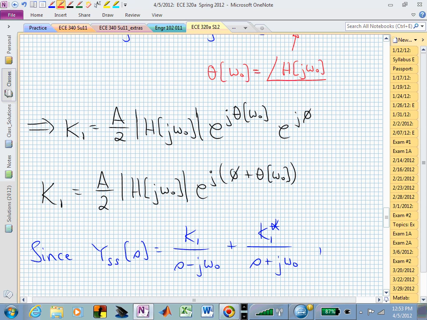How do I find the time domain y sub ss of t if I have capital Y sub ss? Inverse Laplace, which in terms of just K1, what does that look like?